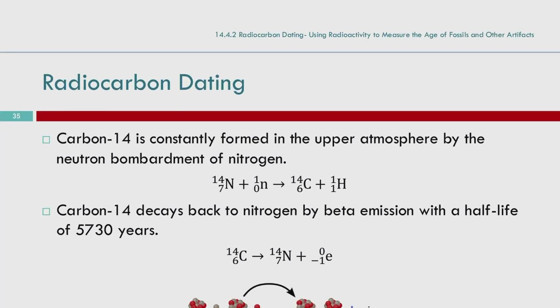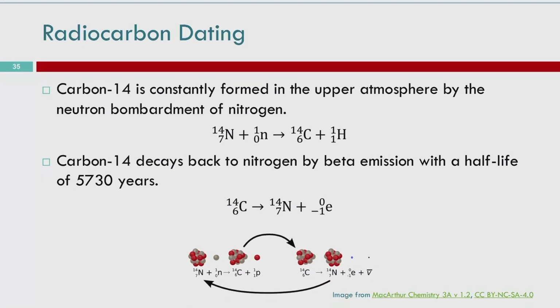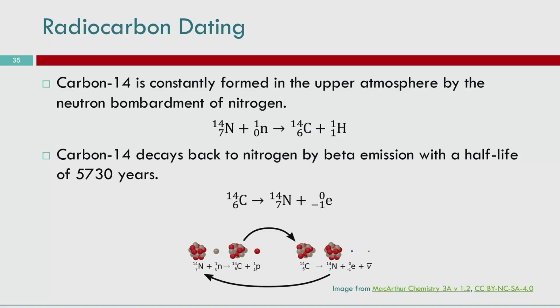So carbon-14 is one of those radioactive materials that's constantly being formed. The process, though, is not from decay of something else. It's constantly being formed in the upper atmosphere by neutron bombardment from space of nitrogen. So nitrogen is a big component of our atmosphere.